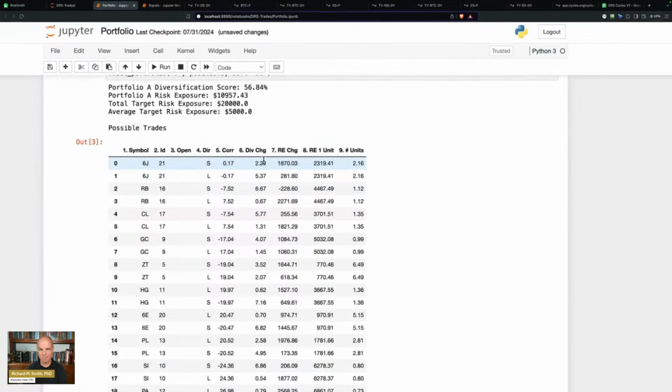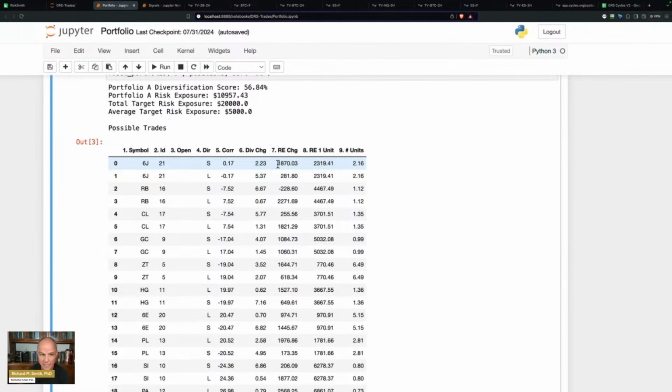The yen. Let's look at the yen. Last one. This is an important one to look at just because everybody's watching the yen right now anyways. So if we went long the yen, we could get $5,000 of exposure for $281. That's pretty cheap. And we'd add 5 points of diversification.